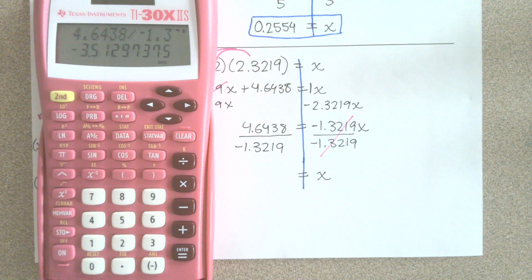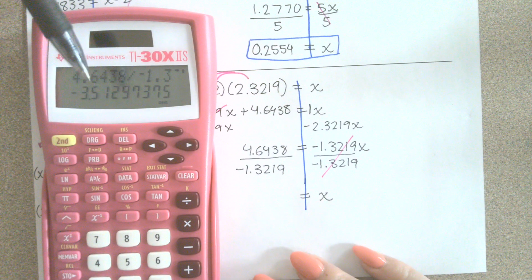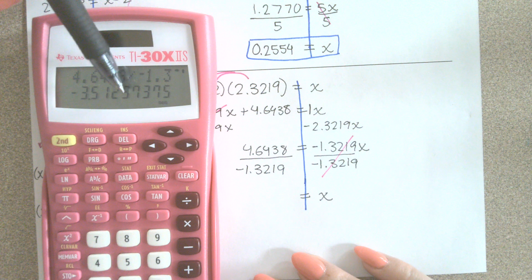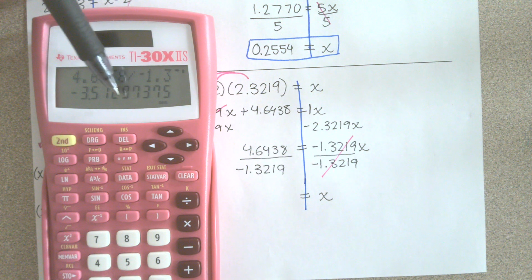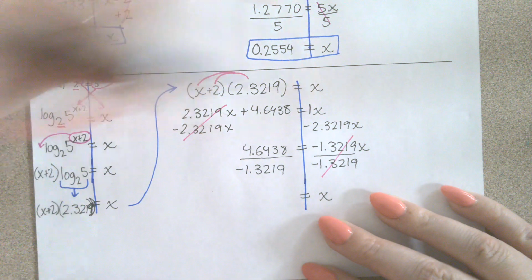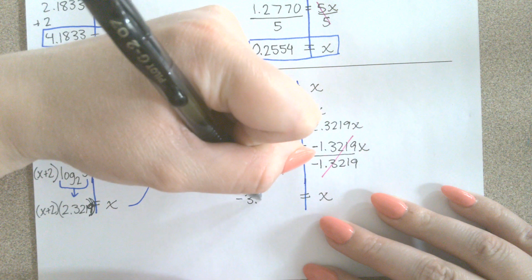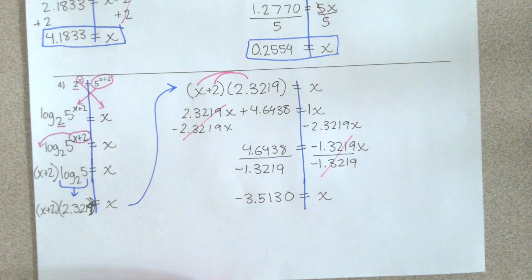And we get this number to 4 decimal places. We have negative 3.5129. We've got a 7, so again we have the scenario where we're turning a 9 into a 10. So this 29 turns into 30. So negative 3.5130 is our answer.